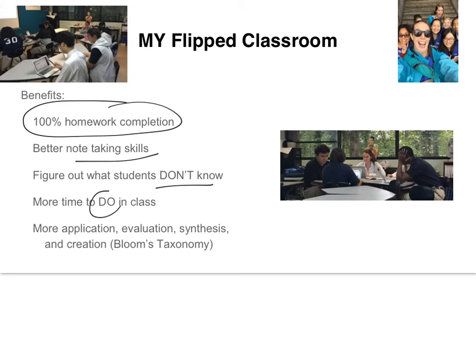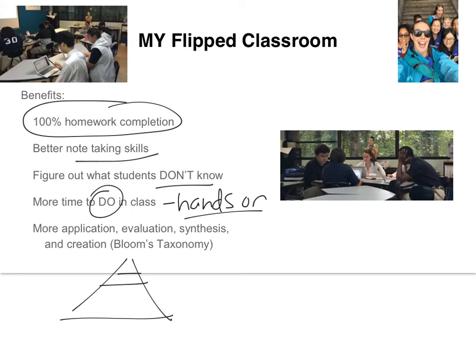I've got more time to do in class, so I get a lot more of the hands-on stuff and the application and the synthesis, and I'm getting a lot more evaluation, synthesis, creation, and application. Those top levels, if you look at the top levels of Bloom's taxonomy, we're looking at these top levels here. And I can do a lot more of that with my students because of the flipped method.